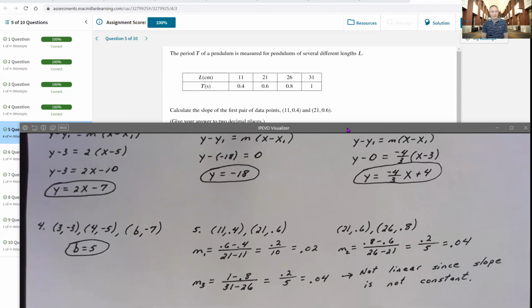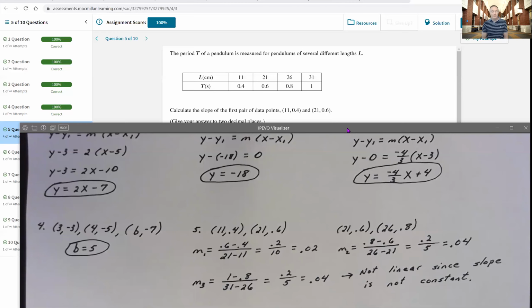When the length of the pendulum is 11 centimeters, the time of the period is 4/10 of a second. That second column, when the length of the pendulum is 21 centimeters, the time for the period is 0.6 of a second. And then I can see it goes 26.8 and 31.1.